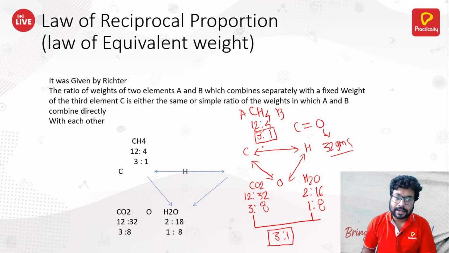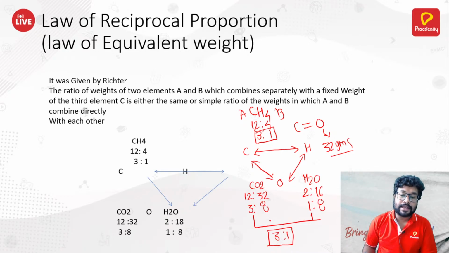You can see here the ratio between carbon and hydrogen is 3:1. Then carbon was combined with oxygen, that gave us CO2, 12:32. The ratio was 3:8. So carbon separately combined with oxygen gave us the ratio 3:8. Then hydrogen separately combined with oxygen gave us the ratio 2:16, 1:8.